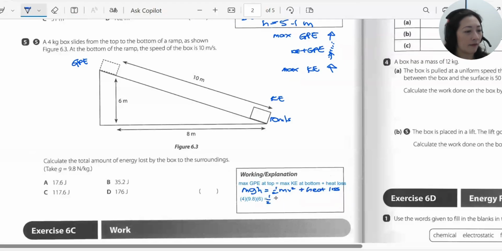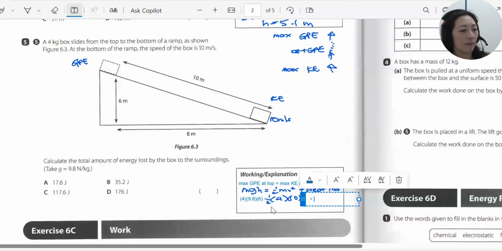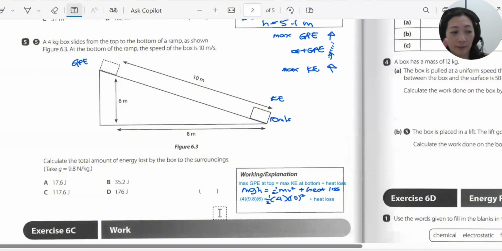So half, m is 4, v is 10, so put here 10 squared, plus heat loss. You can't cut the mass because there's heat loss, which we don't have the equation of, but we're going to calculate what the total value of the heat loss is.